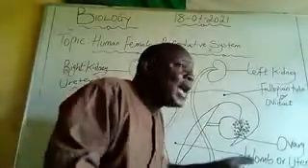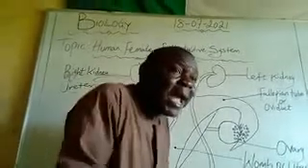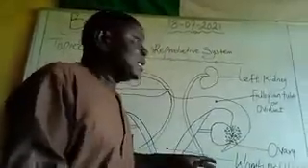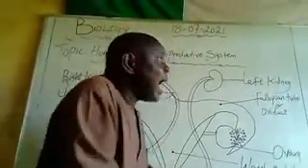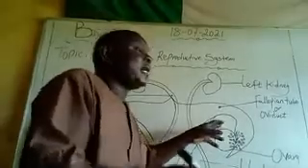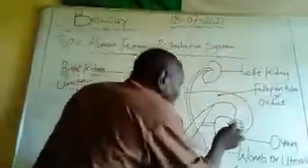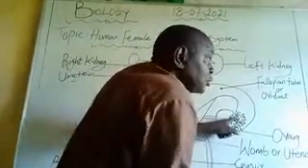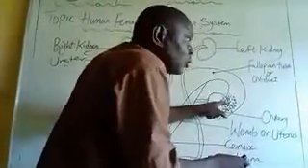That is the region where eggs are developed. The egg and the surrounding cells are referred to as Graafian follicles. An ovary releases a mature egg from this region.